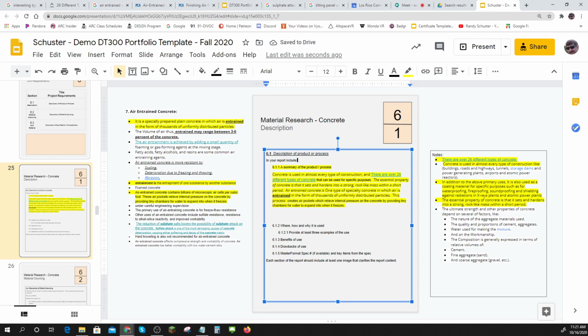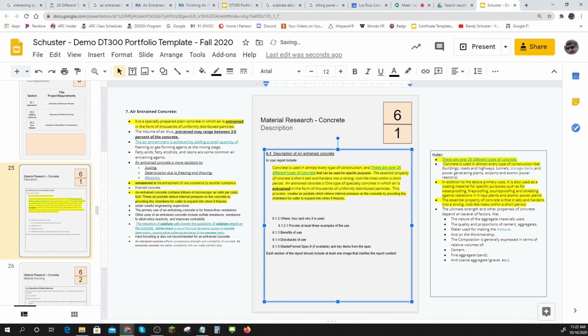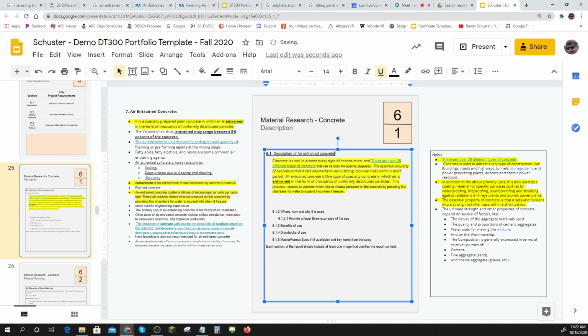So I'm going to get rid of this, and I'm going to just write here description of air entrained concrete. So I've just done this, so I've taken care of this, so I can get rid of that. There. And I don't need to say in my report include, because I know I'm going to.